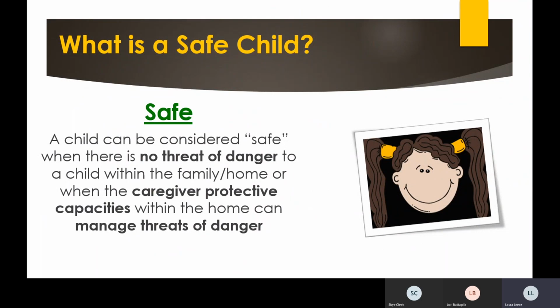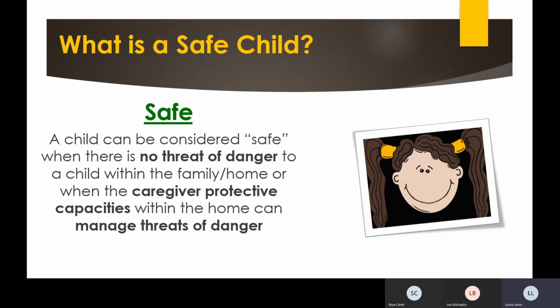While we're not going to go into depth on what safe and unsafe look like and mean, I want to at least provide you with the definition of both. For the child practice model, safe is identified when there is either no danger threat to the child, or when there may be a danger threat, however, the caregivers have the caregiver protective capacities to manage that danger threat.